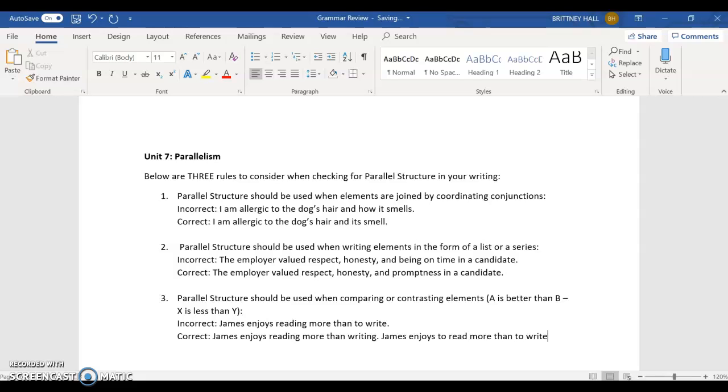But the point is, you can have two infinitives, to read, to write, or you can have two verbs with -ing, reading, writing. Either one would sound better than mixing a verb with -ing and an infinitive with "to." Right, so that's parallel structure in a nutshell.